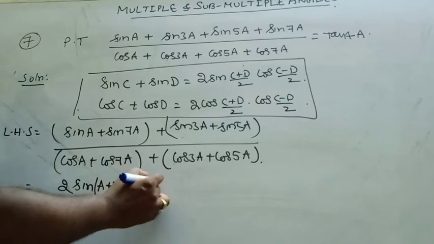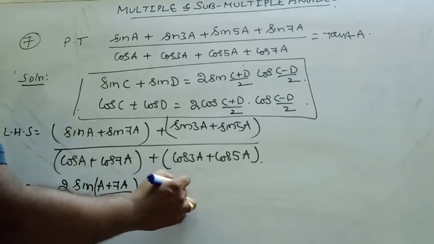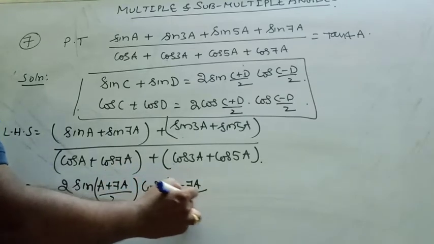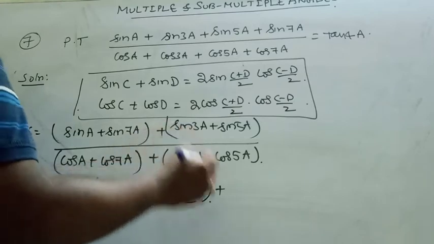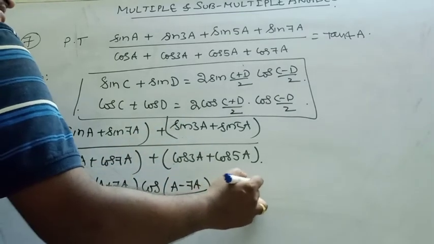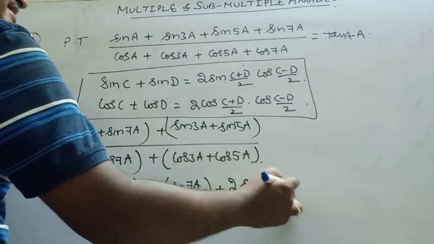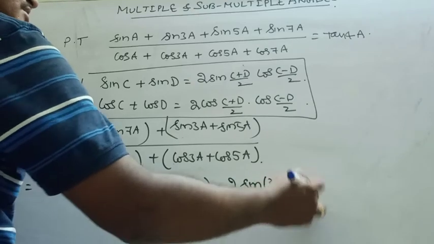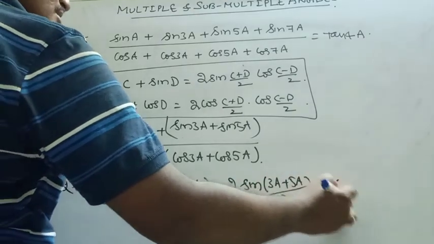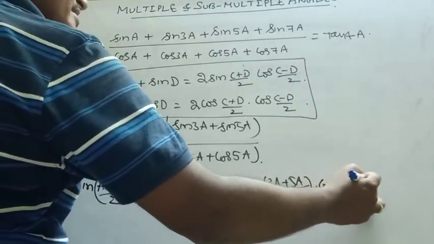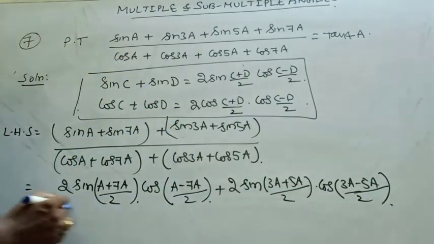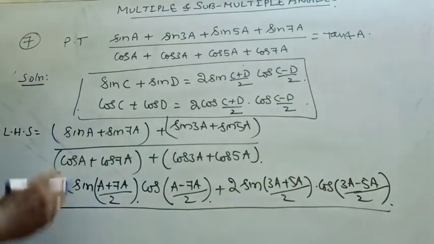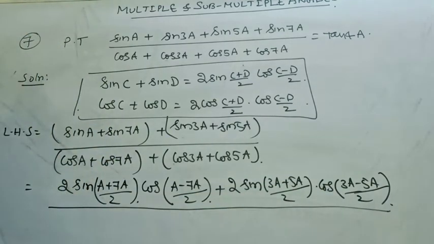Cos c minus d by 2, cos a minus 7a by 2, this one, plus here also, right? 2 sin c plus d by 2, 3a plus 5a by 2 into cos 3a minus 5a by 2, like this. Wonderful. Now divided by this, what you are having, cos a plus cos 7a, like this.